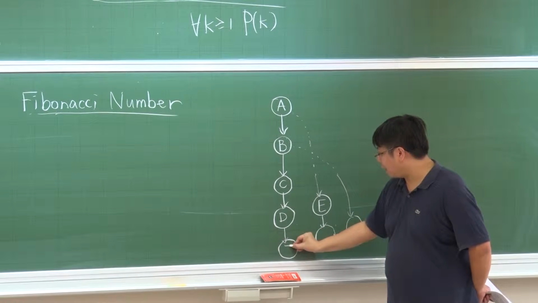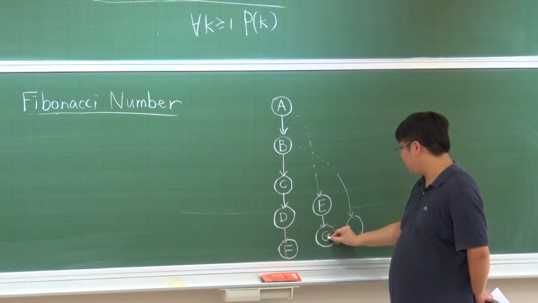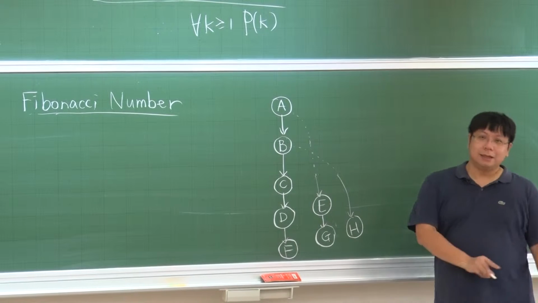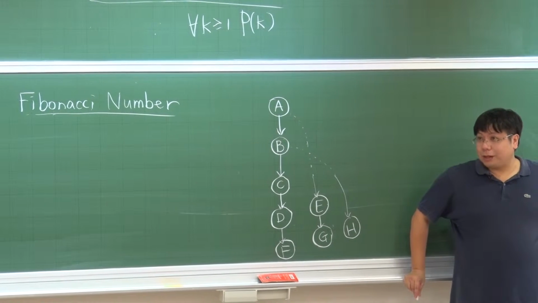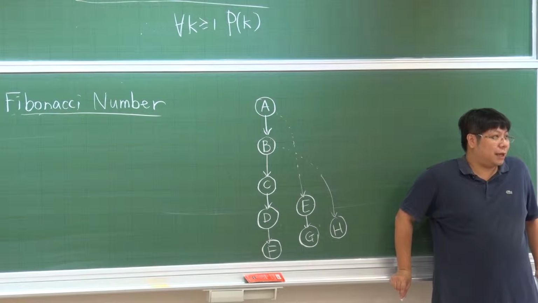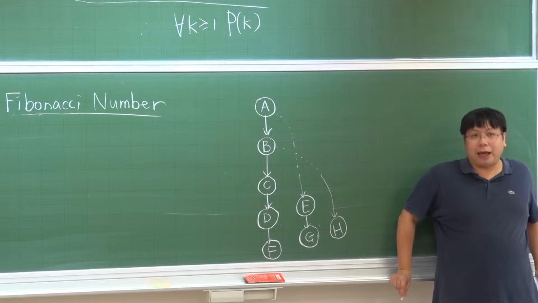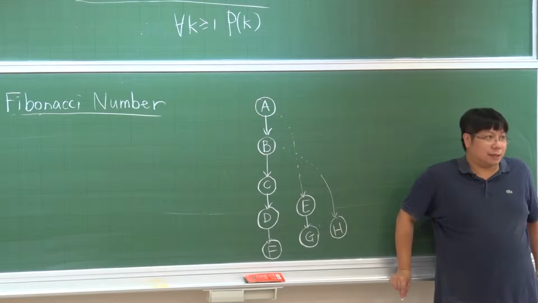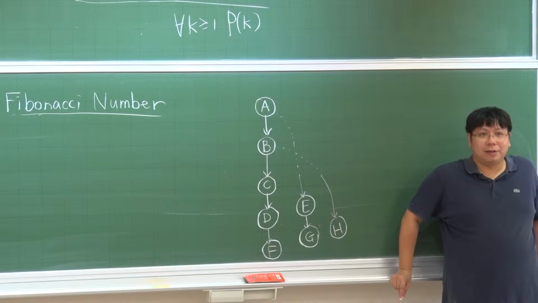D, E, so you have F, G, H. Do you understand the point? Each pair of rabbits will immediately give a new pair in the next month unless it has given birth in the last month. So they will take a break for just 1 month.